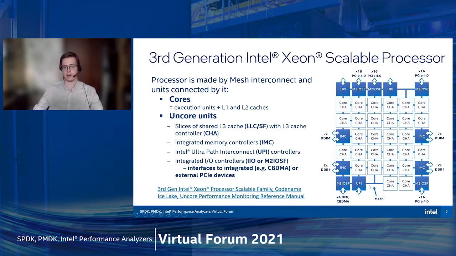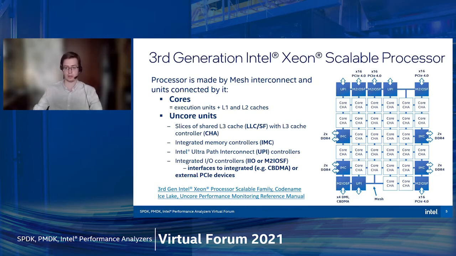These units are the cores, and in Intel terminology, the term core covers execution units where your code is executed, and private caches, so L1 and L2 cache. And all the rest on the platform is usually referred to as uncore, meaning it is everything but the core.